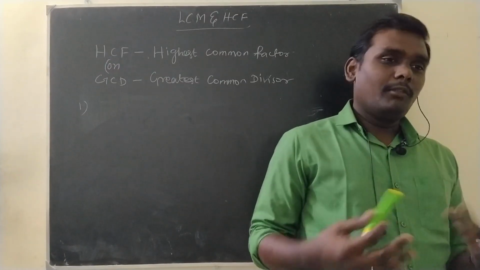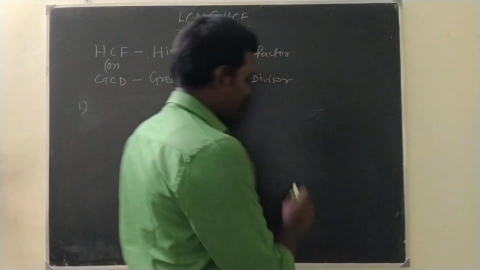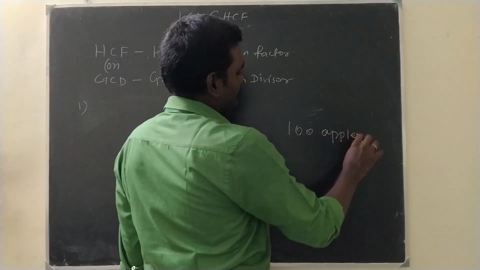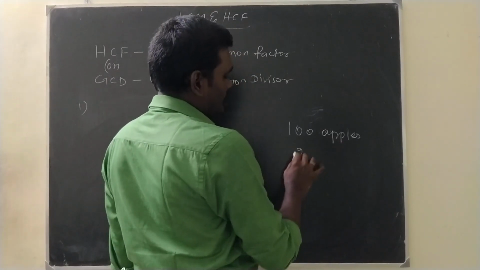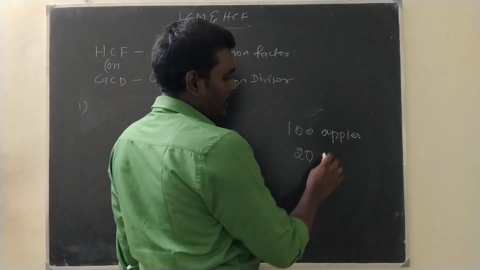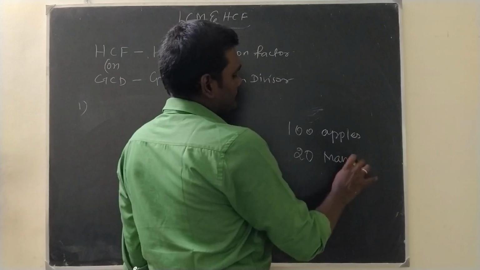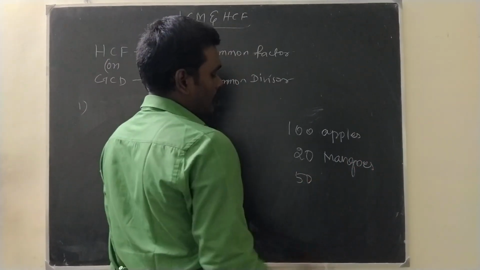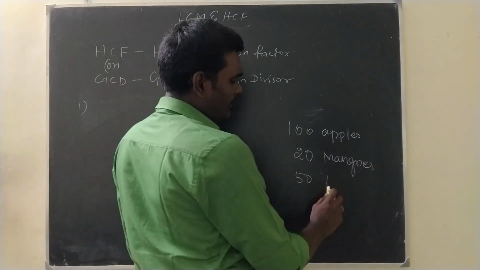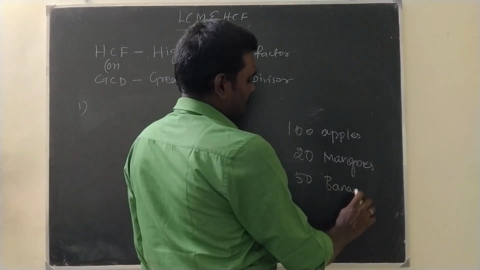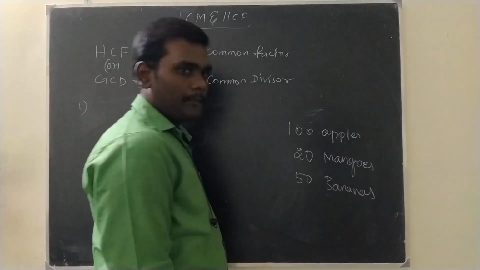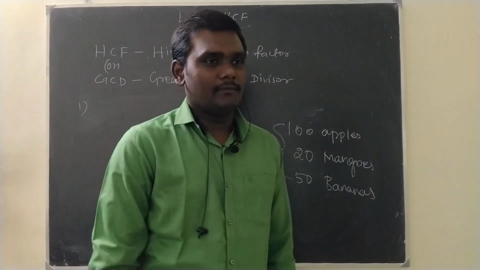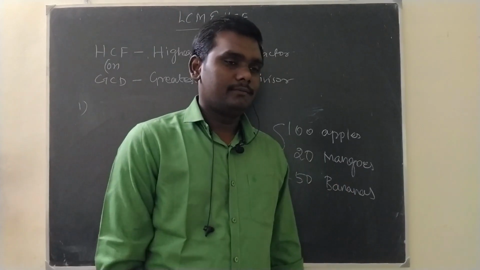Say for example, 100 apples are available, 20 mangoes are available, and say for example 50 bananas are available. All these three fruits should be given to your friends when they are going home.